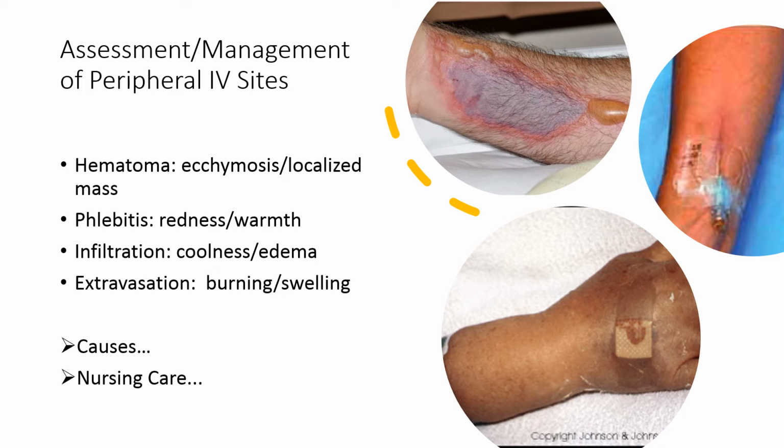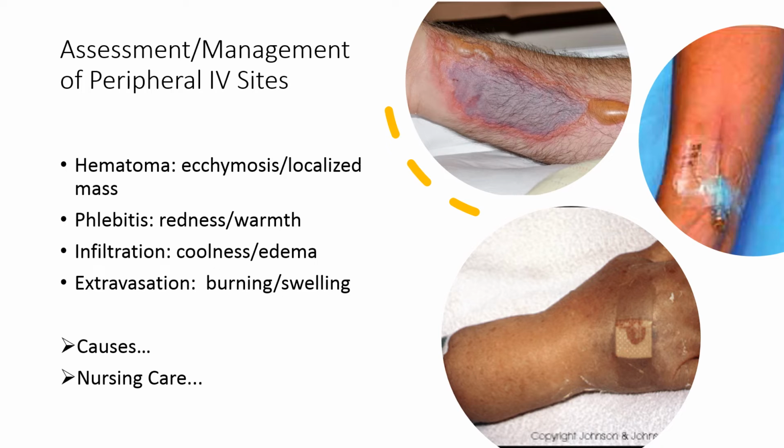Another thing we may see is phlebitis. If we look at the pictures here, the picture all the way to the right with the blue background would be phlebitis. With this, we will see redness, pain, and warmth at the site. We may see some local swelling, a sluggish infusion rate, and maybe a palpable cord along that vein.